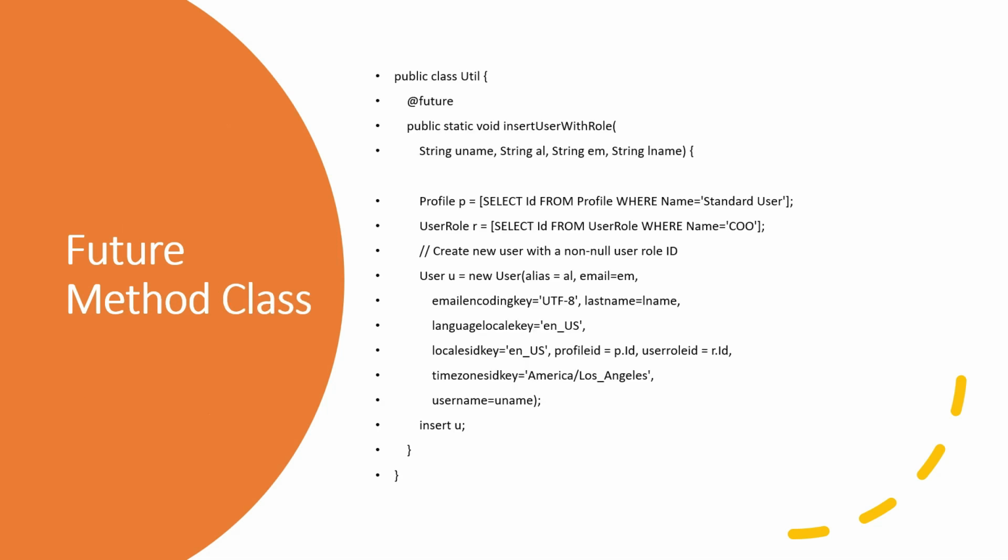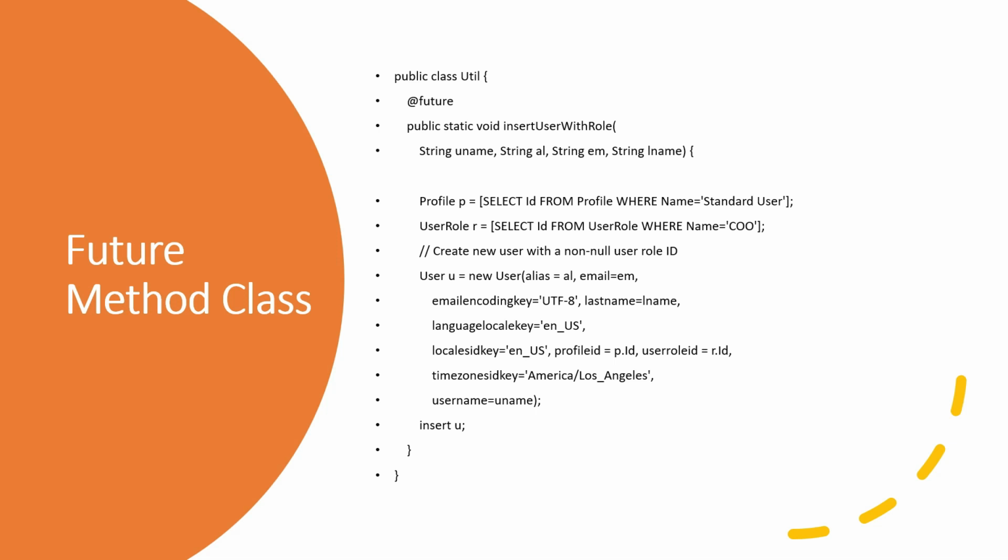So let's see the class that we are calling and the future method that we are using. The future method is always annotated by @future. So public static void insertUserWithRole is the name of this method, and it accepts parameters, and we were passing the values in our earlier class.